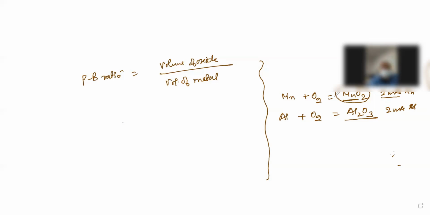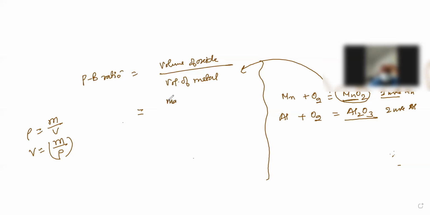See, for MnO2, the volume will be, we know density. What is the formula for density? Mass by volume. So volume will be equal to mass by density, right?